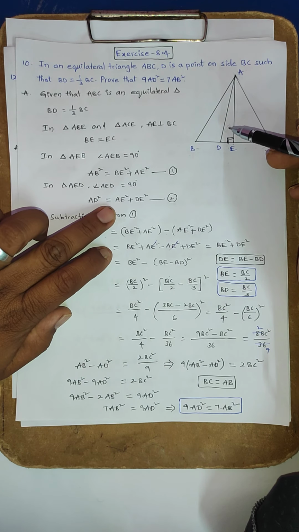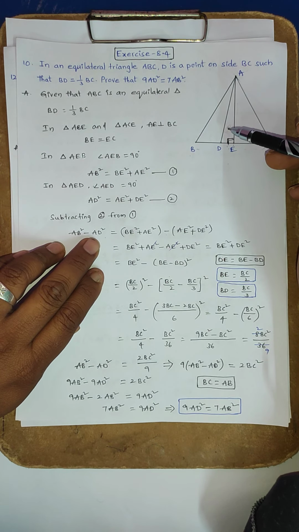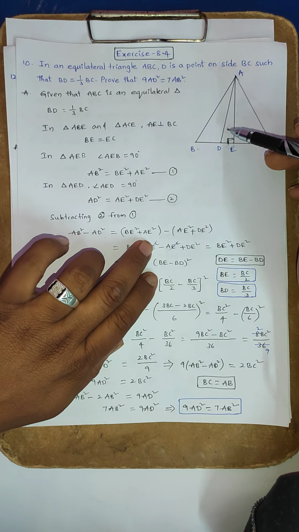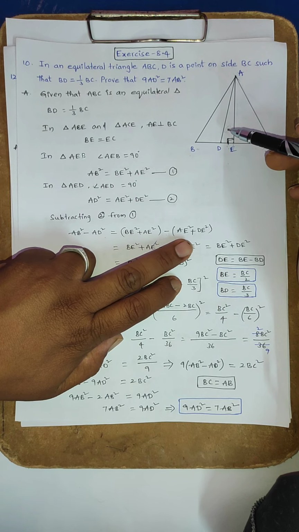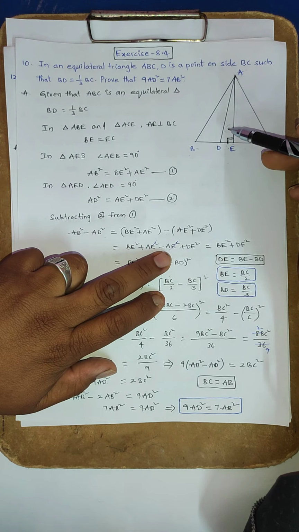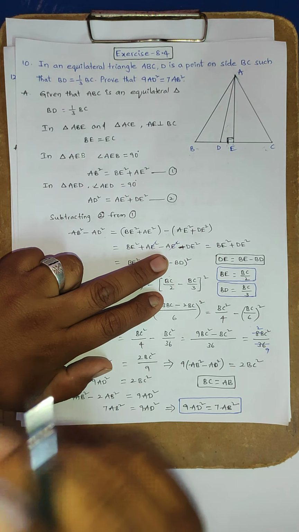Subtracting the second equation from the first, AB square minus AD square is equal to BE square plus AE square minus AE square minus DE square.